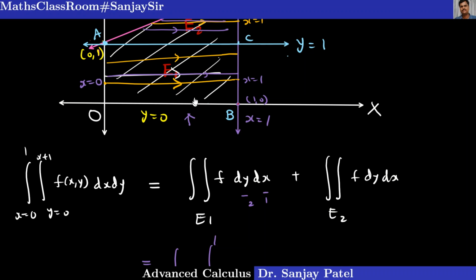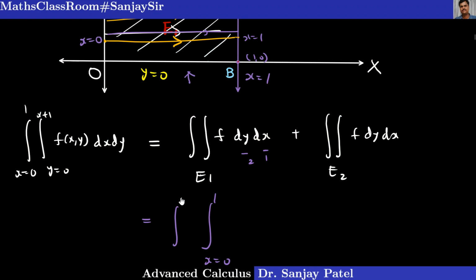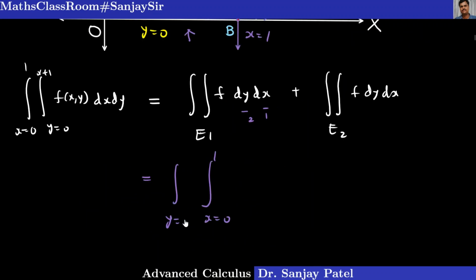And when you exit the region, you exit through the line y equal to 1, where the maximum value of y in this region is y equal to 1. So y varies from 0 to 1. This is for E1, plus for the second integral over the region E2, f dx dy.